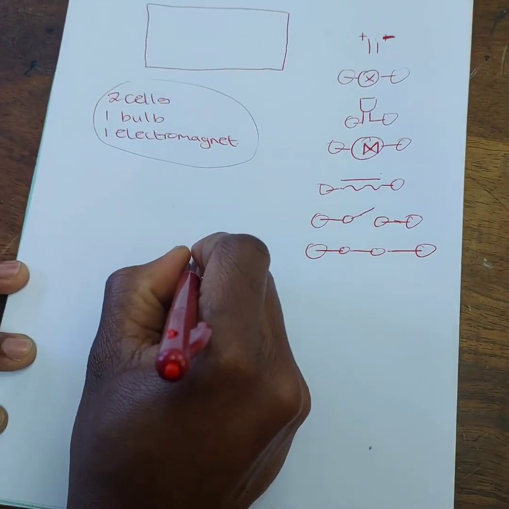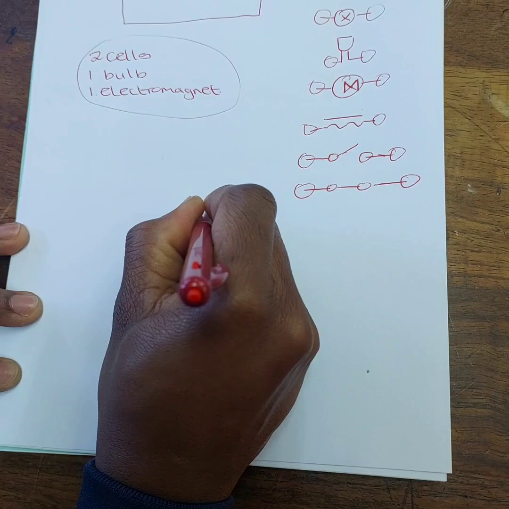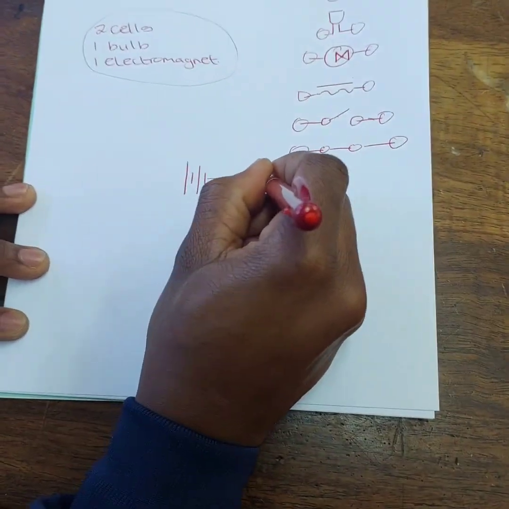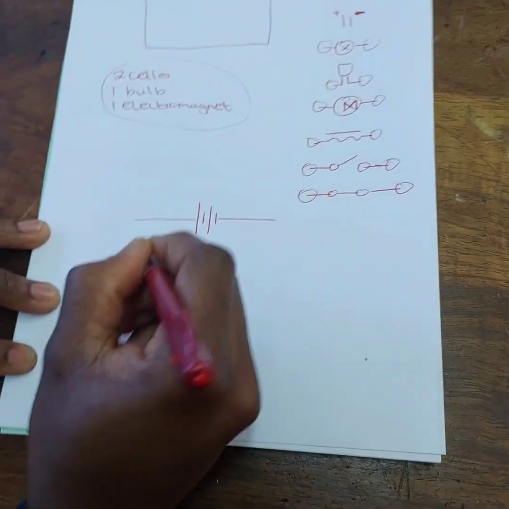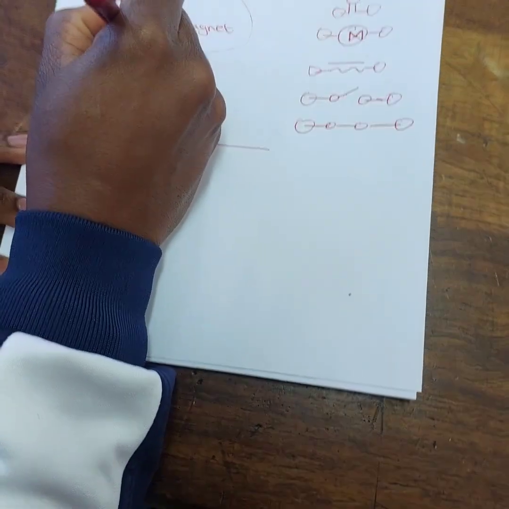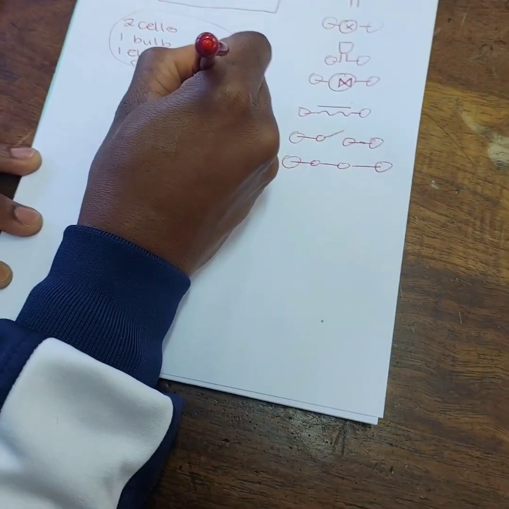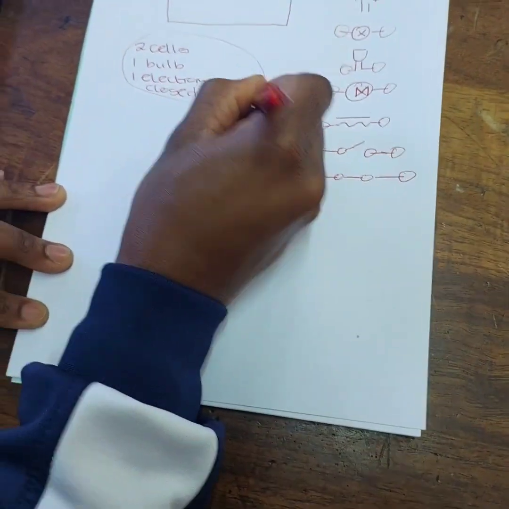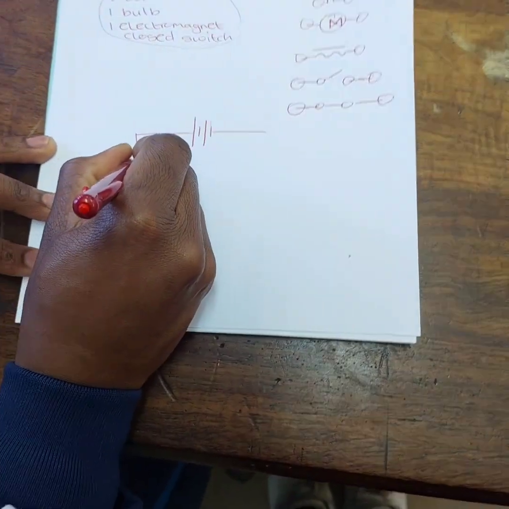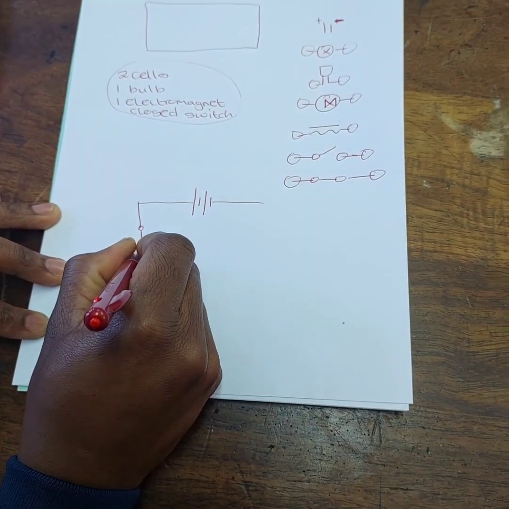So I start with the cells. That is cell number 1, cell number 2, and then I will put the conducting wires. Okay, I forgot one thing, it must also have a closed switch. So I will place my switch there, and that's a closed switch.